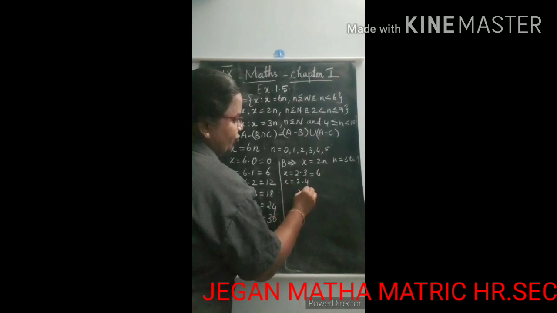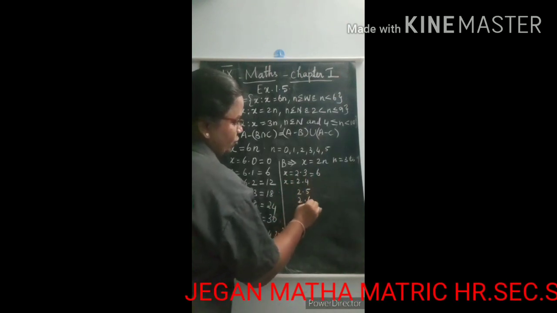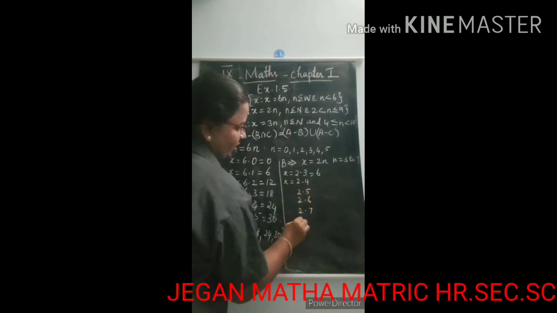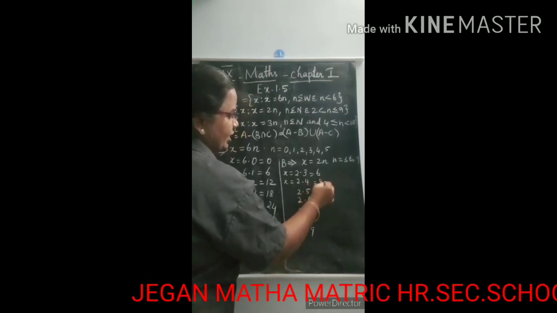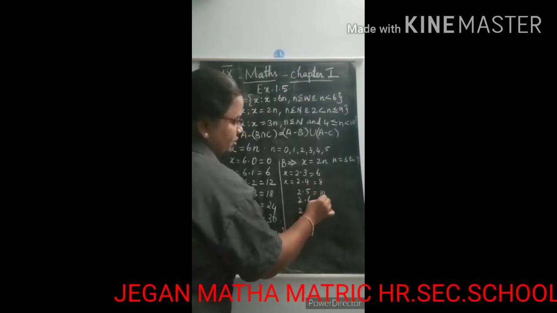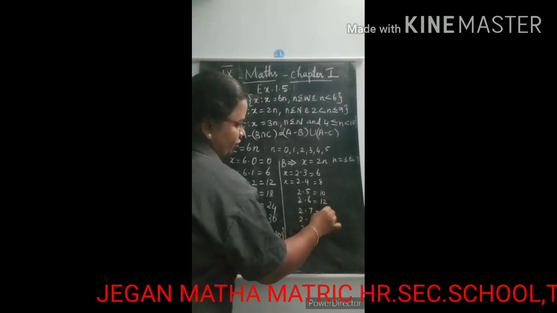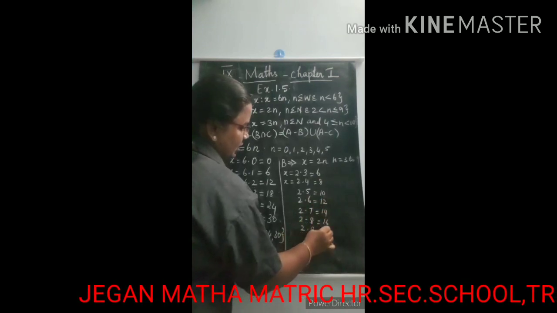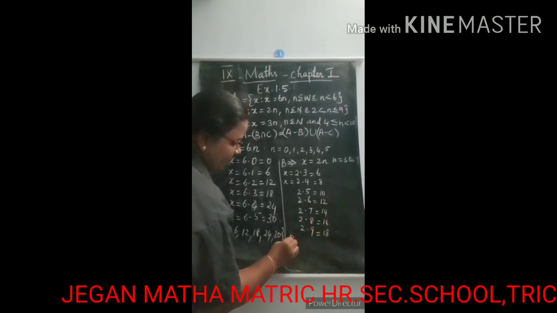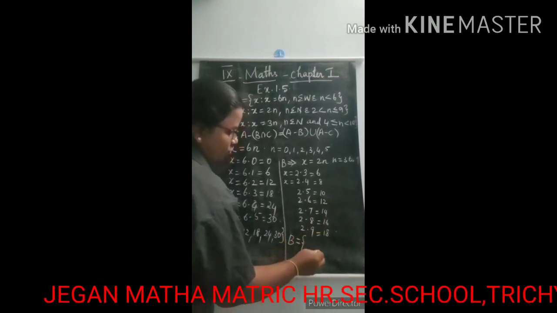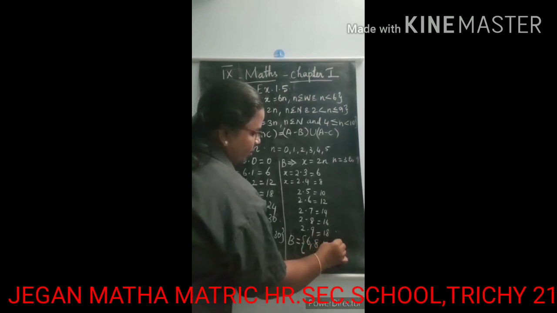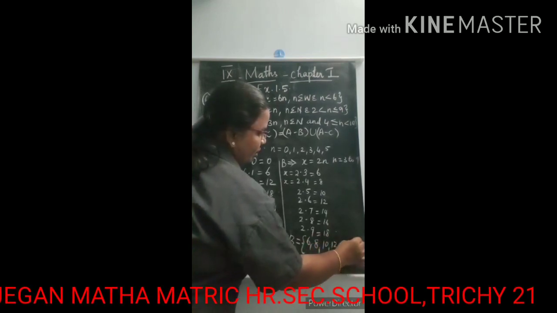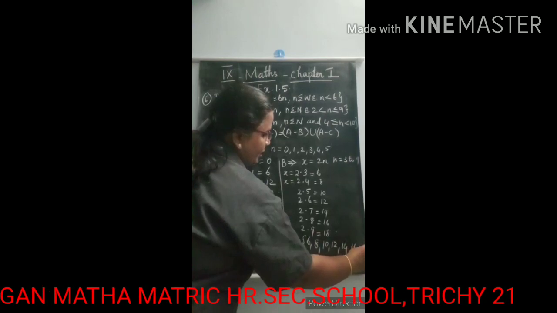The same way we find 2 into 5, 2 into 6, 2 into 7, 2 into 8, 2 into 9. So 4 2s are 8, 5 2s are 10, 12, 14, 16, 18. So what is the B value? B is equal to 6, 8, 10, 12, 14, 16, 18.